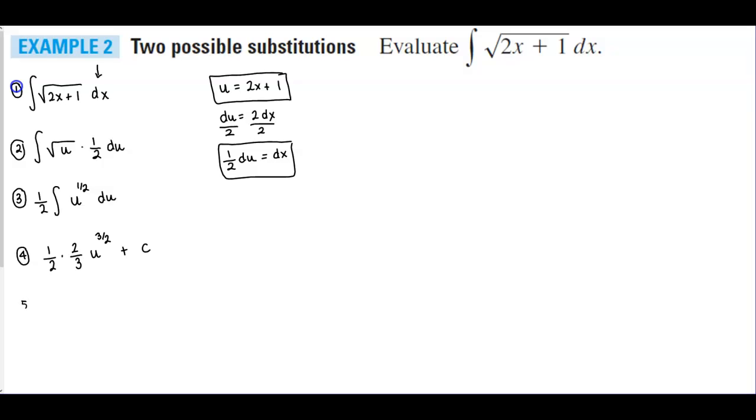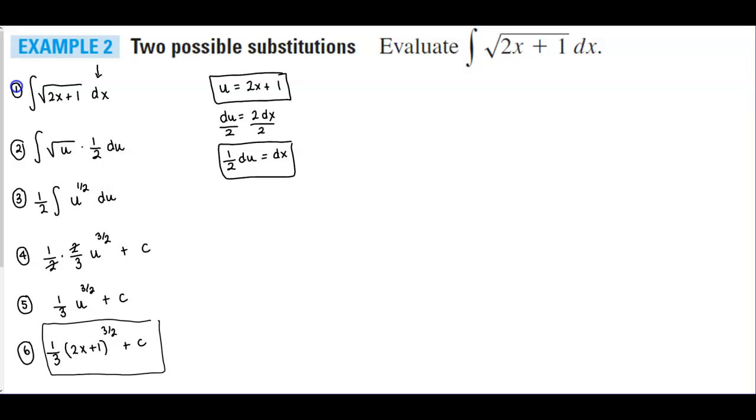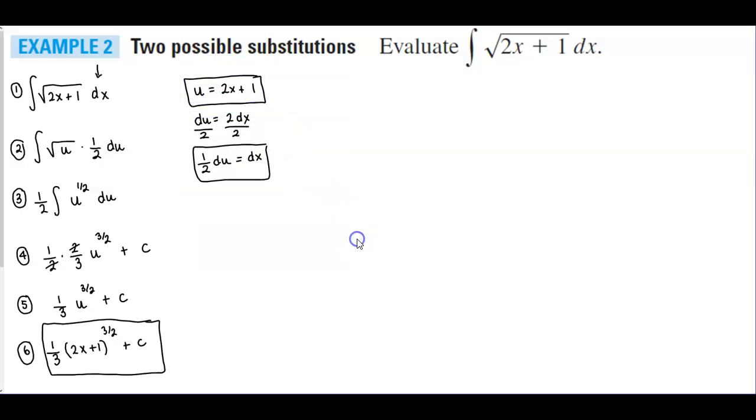And so now if we simplify a little further, we can see that the 2 becomes 1, so we have 1/3 u to the 3/2 plus c, and then we need to replace u with what we defined it to be up here, which is 2x plus 1. So it's going to be 1/3 times 2x plus 1 to the 3/2 plus c. Okay, so that is one way of solving this problem.